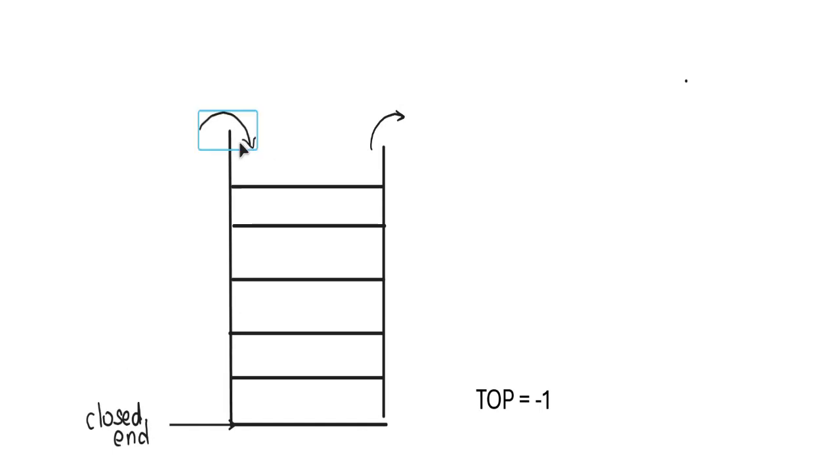So to understand stacks visually, this is a linear structure that is shown with the top end open and the bottom end closed. All operations like pushing into the stack or popping out of the stack can happen only from the top. So assume this is an array of size 5.